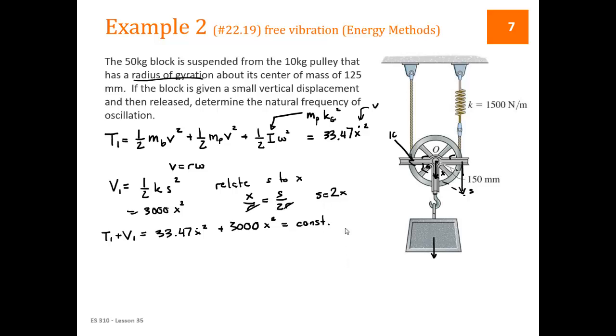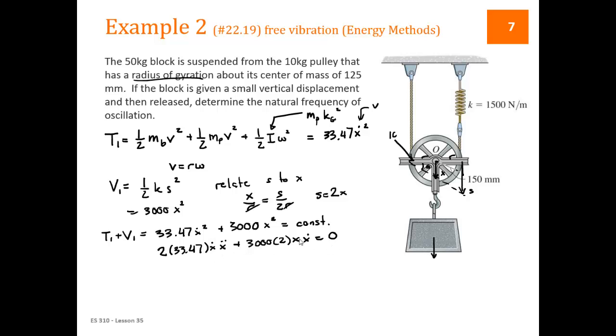Alright, let's take the derivative. We take the derivative of the first one, we get 2 times 33.47 x dot times the inner derivative, which is x double dot, plus 3000 times 2 times x times the inner derivative x dot is equal to 0, which is the derivative of a constant.